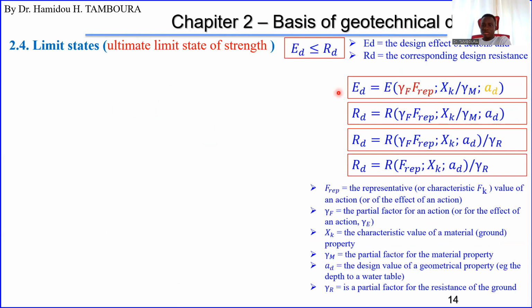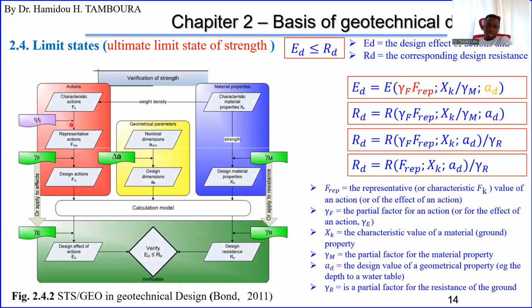Remember, this one is for the effect, the action's effect, the loading effect or the force effect. And these are for the resistance. So here is how it works. We want to check if any limit state is respected.